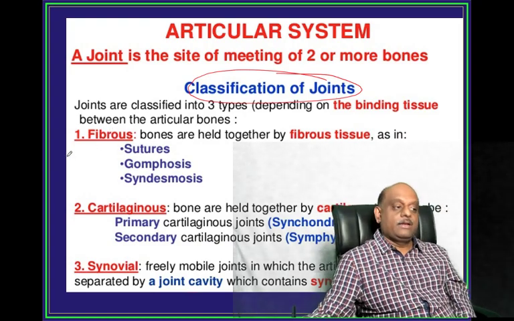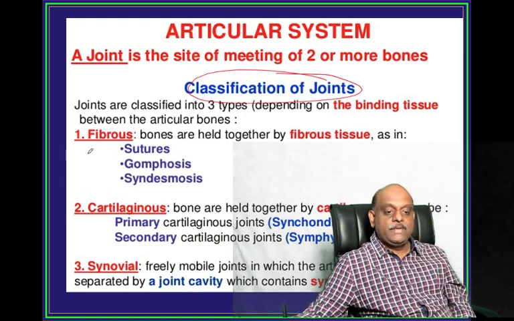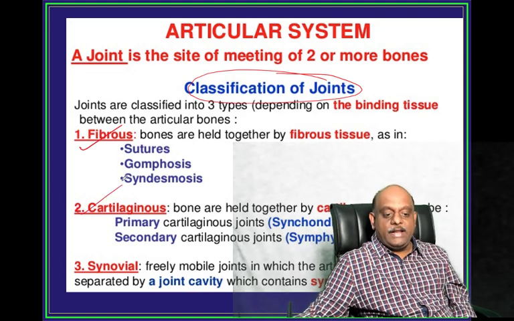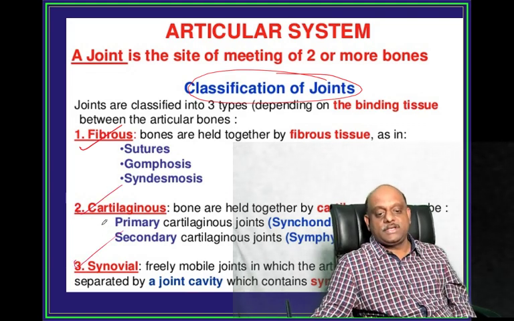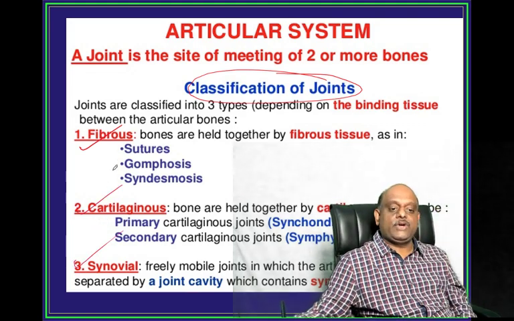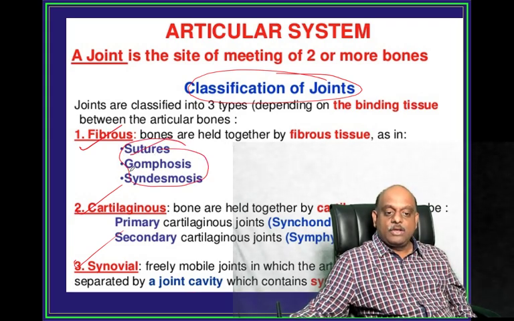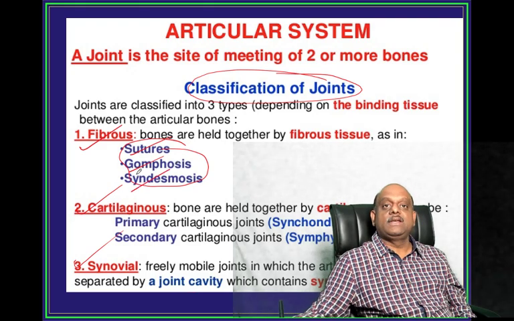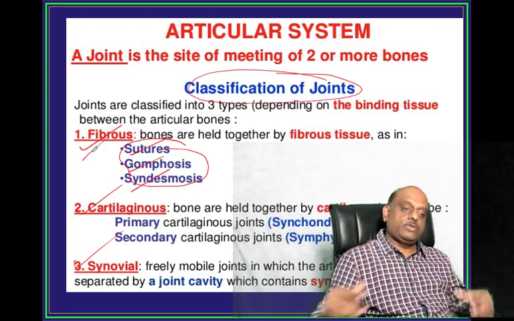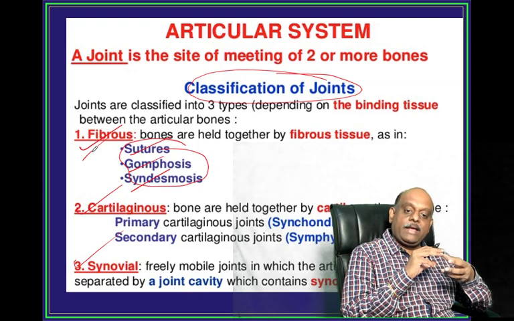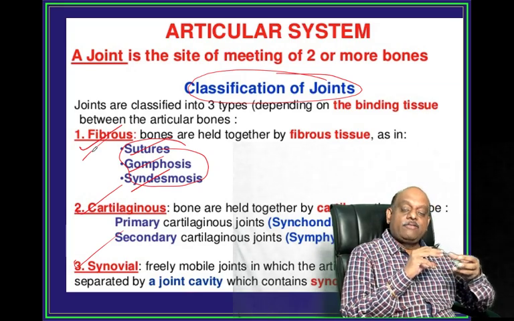Now, doctor, how do you classify the joints? Fibrous joints, cartilaginous joints, synovial joints. That is, there are 3 types of joints. In fibrous joints you have sutures, gomphosis, syndesmosis. Why fibrous? Because they are held together by fibrous tissue.